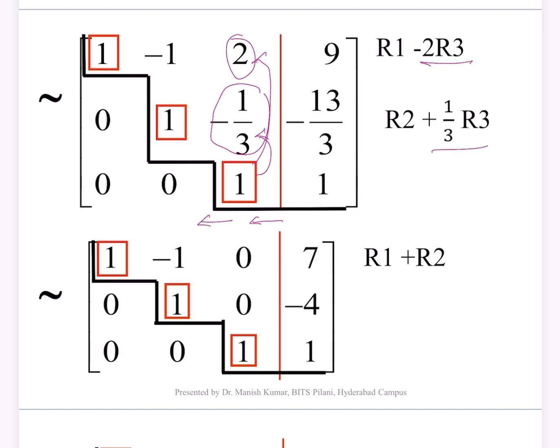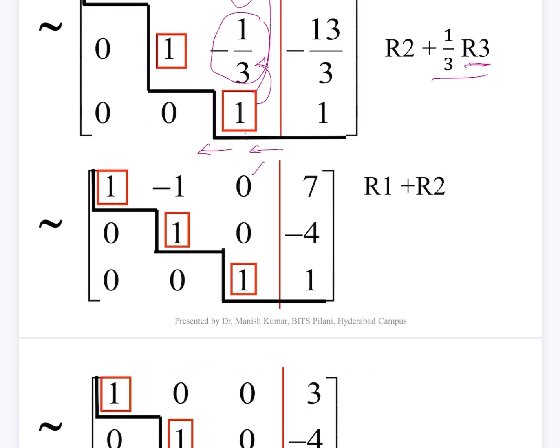If I multiply R3 by 2, so it becomes 2, and then subtract from R1, that will produce 0 here and the remaining entries. And similarly, we have to multiply R3 by 1 by 3 and add to R2. So the final matrix for this column has all zeros.